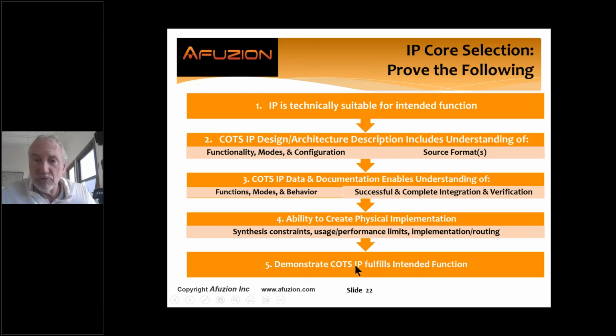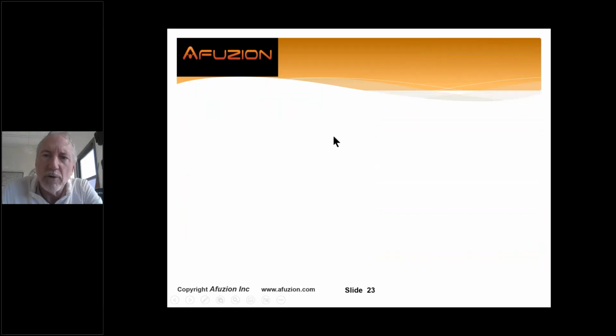And how did you demonstrate that the COTS IP fulfills that intended function? You see, these are risk areas, and that is a key area in your PHACs. When I'm reviewing, certifying, auditing, which I do for many of you, this is what I'm looking for. I know you know the basic functionality. I'm looking for the risk areas. This is a key one, okay?